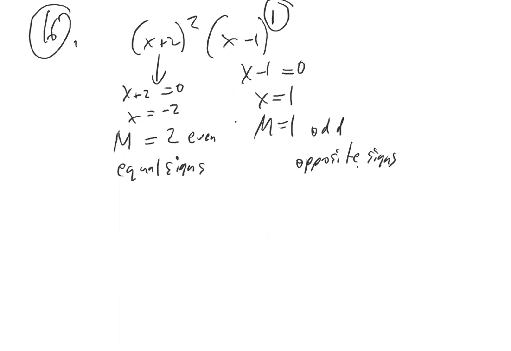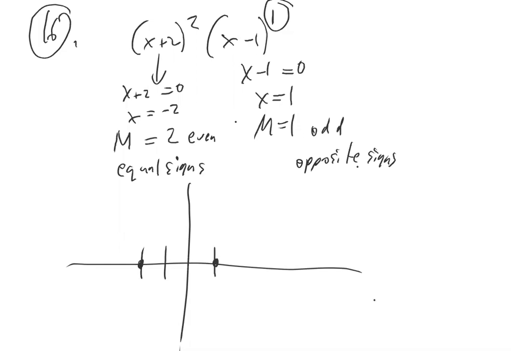Then you'll have a graph that has x equals negative 2 and x equals positive 1. And equal signs, by the way, means that it turns around at that point. Opposite signs, as we just learned in the last problem, means that the graph crosses through at that point.